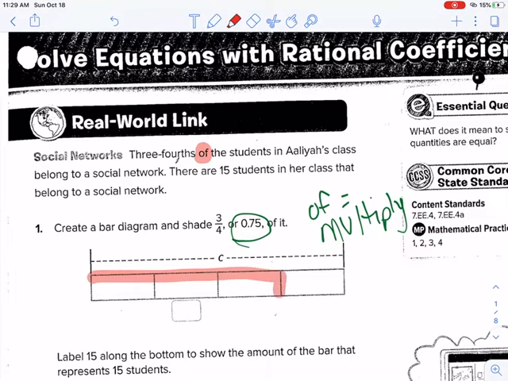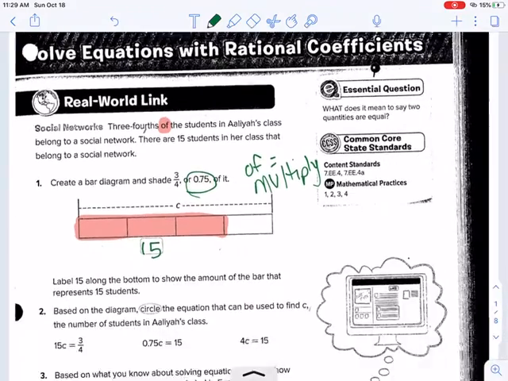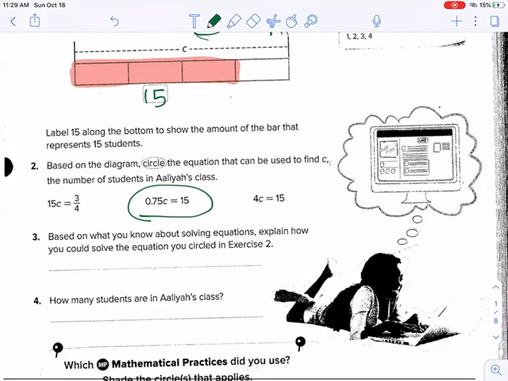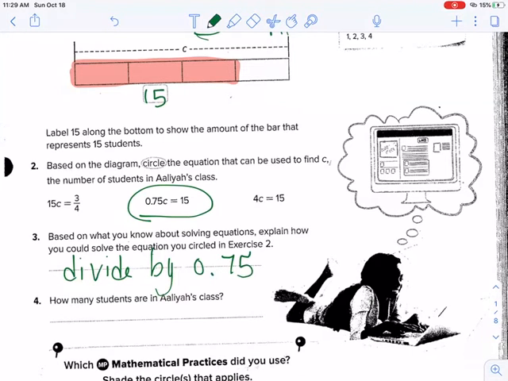Would be 3 out of 4 there if you were to shade it, and we know there's 15 total in the class. So as I said, of means to multiply. So the equation that would fit this is the 75/100 times C equals 15. Now we know from last chapter that when it's multiplication that you would divide on both sides by your coefficient.